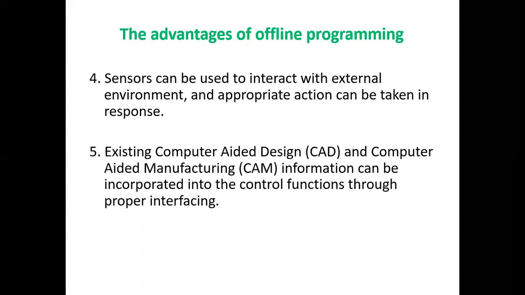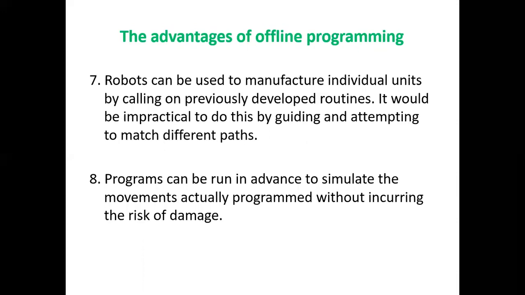Existing computer-aided design and computer-aided manufacturing information can be incorporated into the control functions through proper interfacing. The robot can be used to manufacture individual units by calling on previously developed routines. It would be impractical to do this by guiding and attempting to match different paths. Programs can be run in advance to simulate the movements actually programmed without incurring the risk of damage.